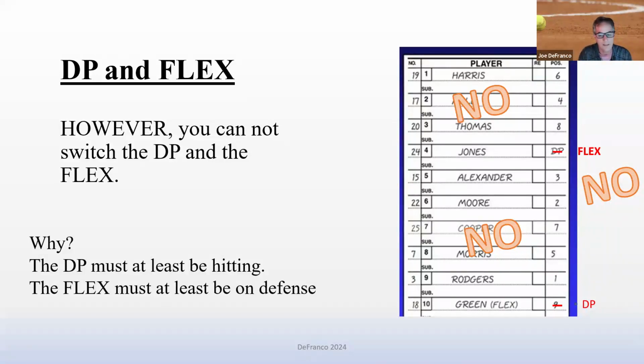They can hit and play defense, but in this scenario Jones is playing defense only. That can never happen. Same thing with the flex. The flex has to at least play defense, and in this scenario they're only playing offense. So that is the reason why you can't just flip-flop the DP and the flex. You can take one of them out, and the other one can do both, but you can't flip-flop them the way this slide shows.